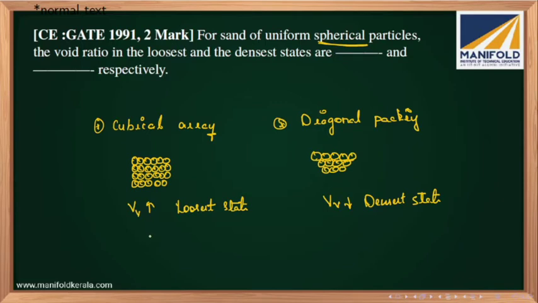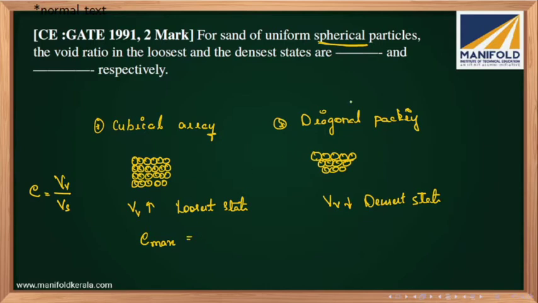So in the loosest state, the volume of voids will be more, so the void ratio will be more. The general formula of void ratio is the volume of voids to the volume of solids. So in the loosest state, the void ratio will be maximum.